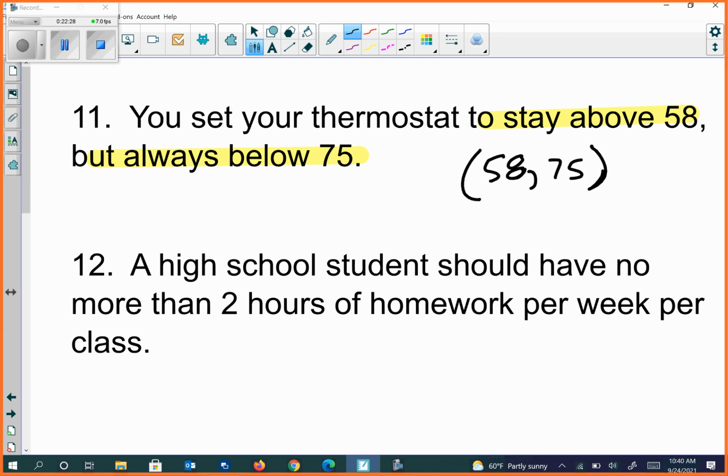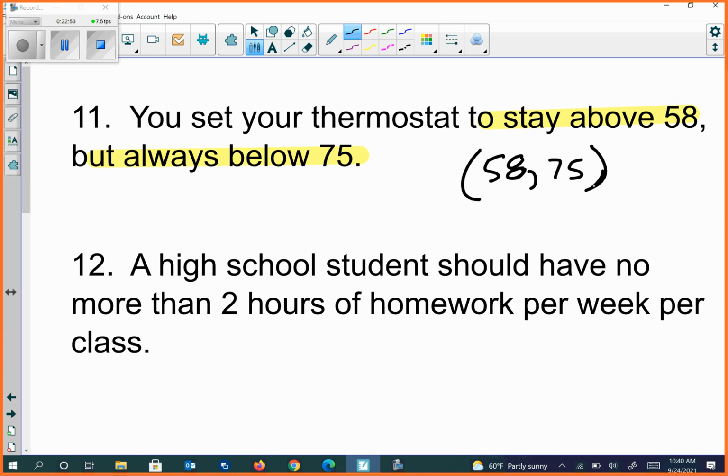So above 58. So that means that our house should not be at 58 degrees or 57 or 56. It should be at 75 degrees or 76 degrees if everything's working appropriately. Okay, so the hard thing with discrete and continuous is sometimes, especially your house thermostat would probably show just whole numbers.